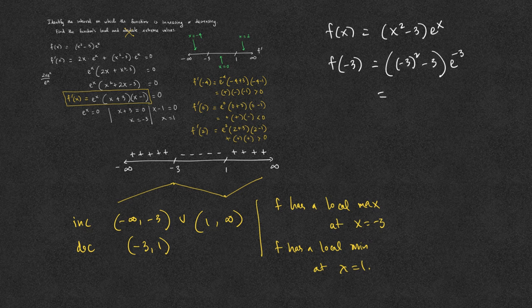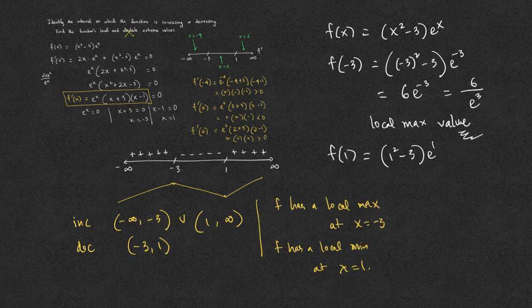This is 9 minus 3, which is 6 e to the negative 3, or 6 over e cubed. This is the local maximum value. f of 1 is (1 squared minus 3) times e to the 1, which is negative 2e. And this negative 2e is the local minimum value.